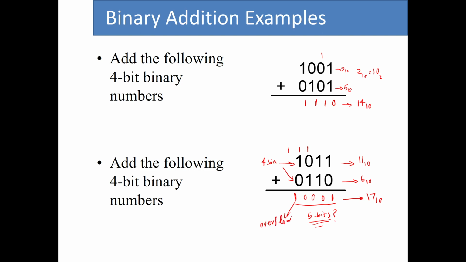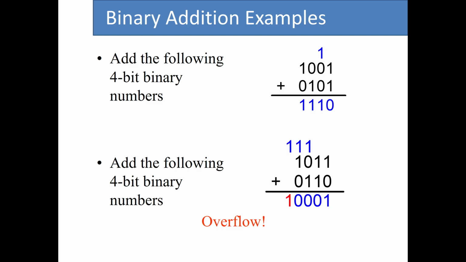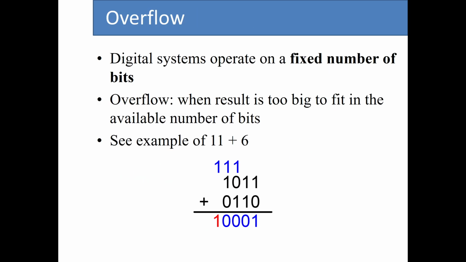Basically, overflow happens when the result of some procedure in the computer requires more than the specified number of bits that the computer is designed to work with. So again, this is called the overflow. As I said, digital systems are usually operating on a fixed number of bits.